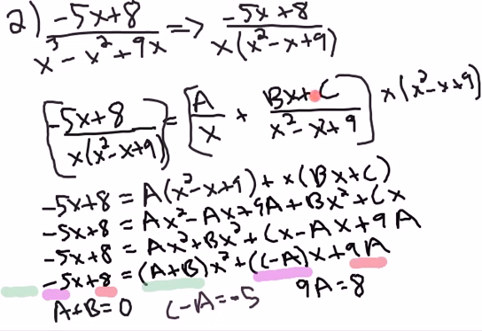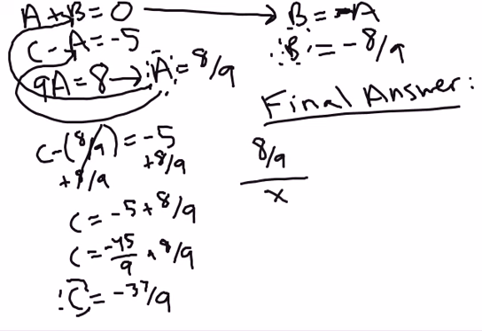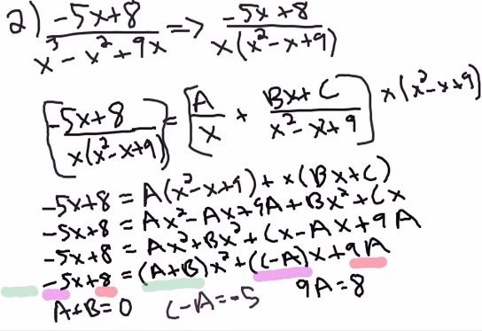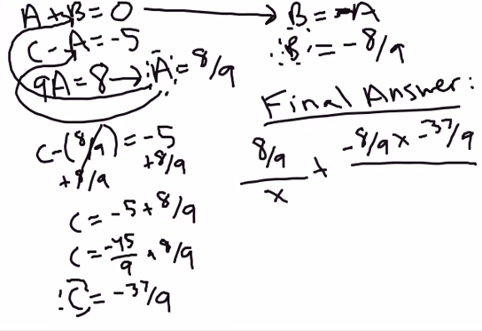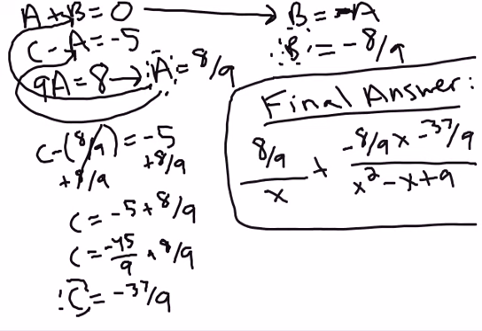Then I have bx plus c, in other words, -37 over 9, all over this guy here, x squared minus x plus 9. And so that is your final answer.